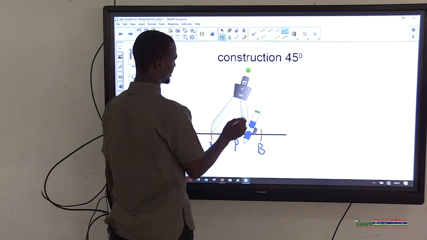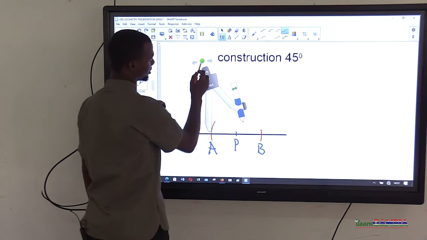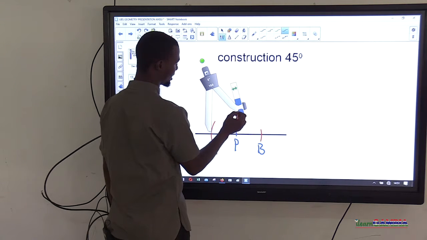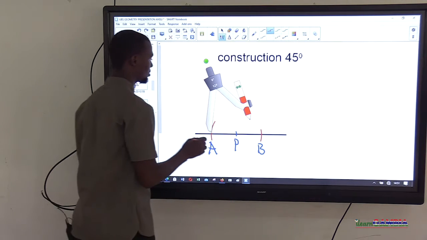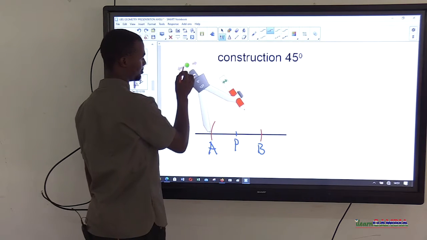Open to any convenient radius, at least more than half of the line. So we arc up.